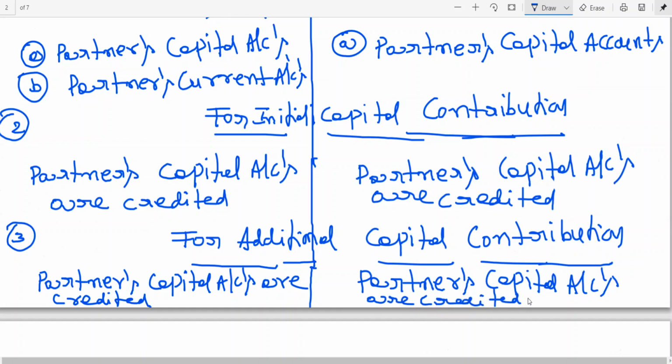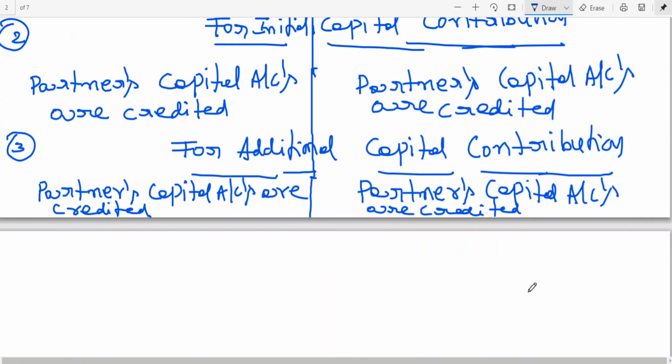What do you mean by additional capital contribution? See, if the firm needs further capital from partners, when the partners bring further capital, that amount also is being credited. Okay.